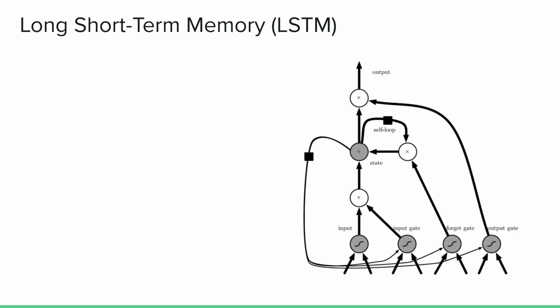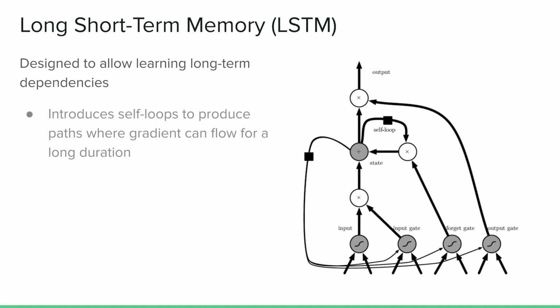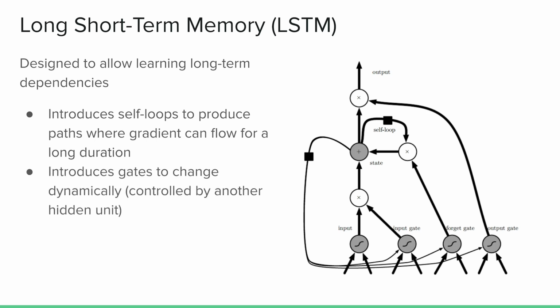So one of the main insights is that they allow us to learn long-term dependencies. So they have these self-loops, these recurrent networks. However, they make certain adaptations. What they do here is introduce gates. And these gates control dynamically what information flows through our recurrent cell here and how it flows through.